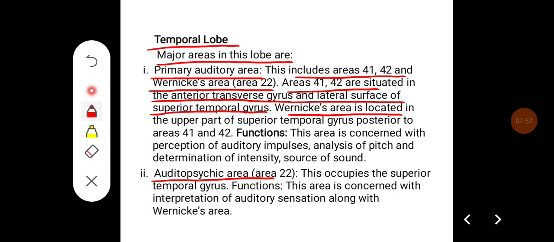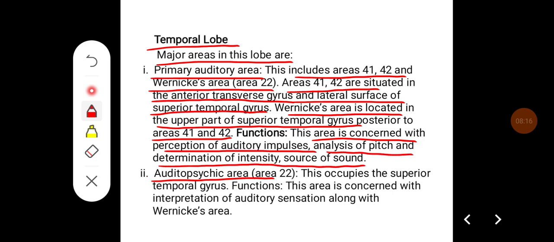Wernicke's area is located in the upper part of the posterior temporal gyrus, posterior to areas 41 and 42. The function of the primary auditory area is that it is concerned with perception of auditory impulses, analysis of pitch and determination of intensity and source of the sound.